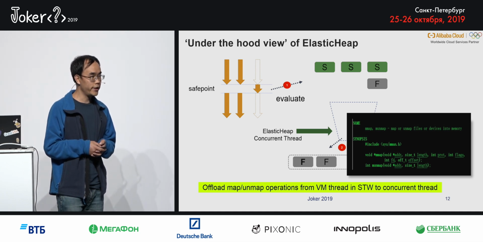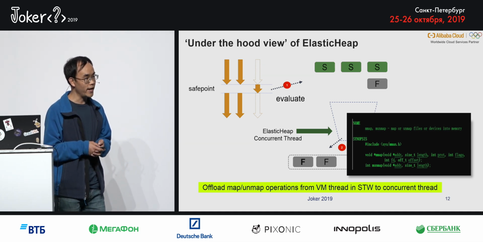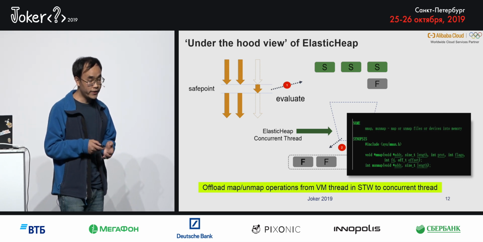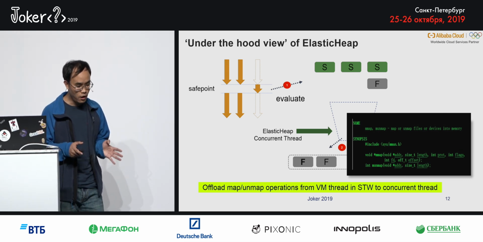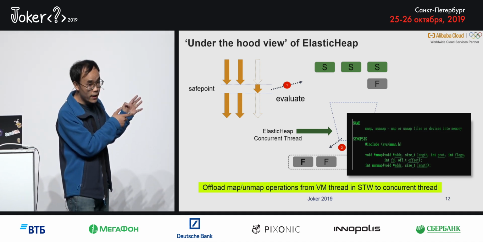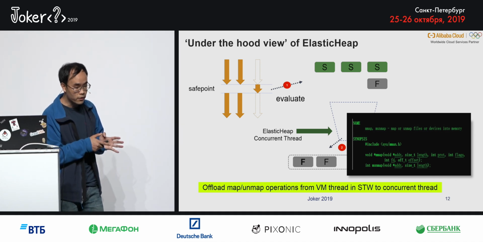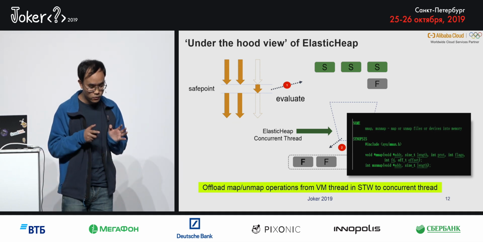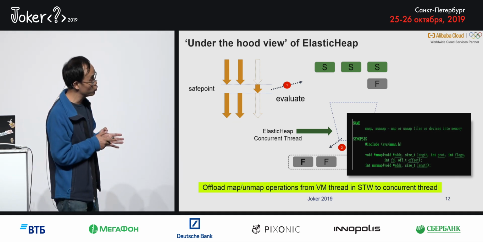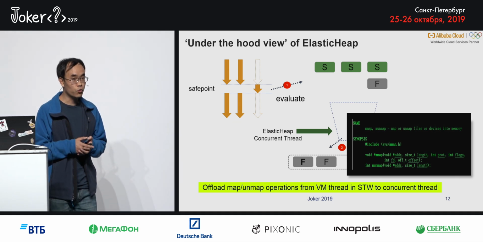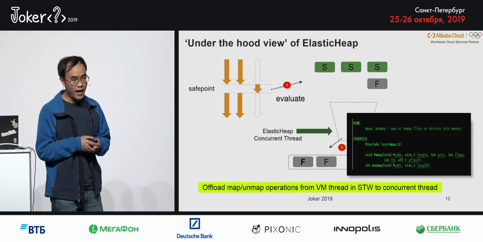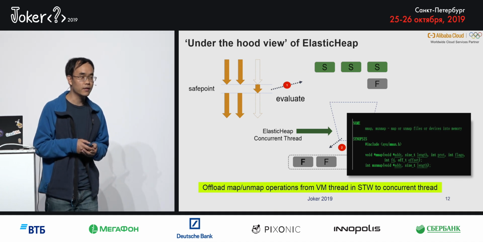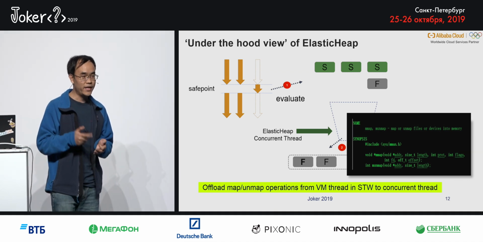I will share some key design points in elastic heap. The key point here is we offload the map and unmap operation from the VM thread in step 1, in stop-the-world time, to the concurrent thread in step 2. This is very crucial because map and unmap operations are very, very expensive, and they may cost many CPU cycles.